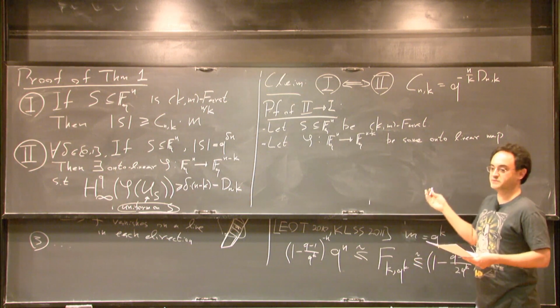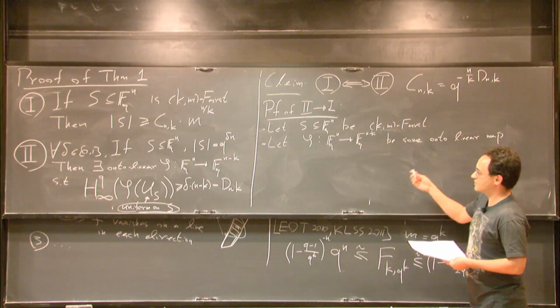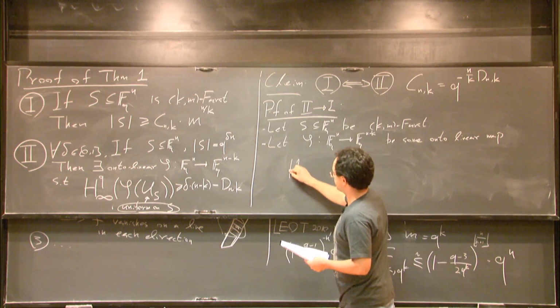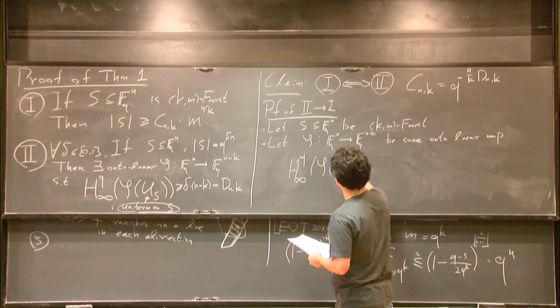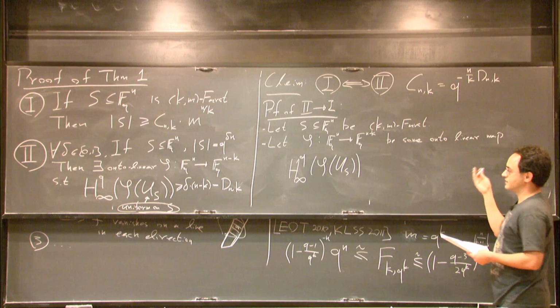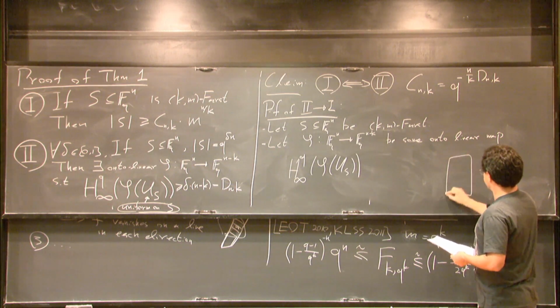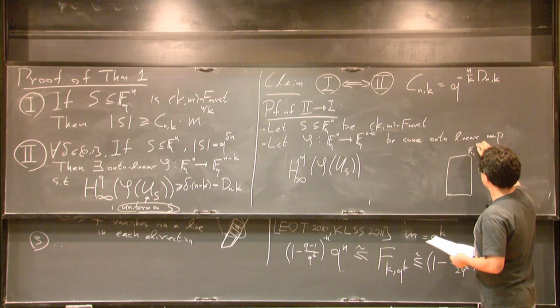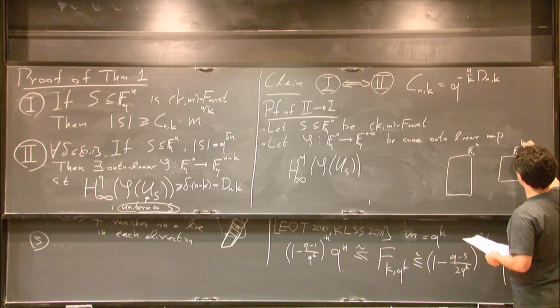So let phi be some map. What is the mean entropy of this thing? You take a uniform distribution on S, and you map it down. So let's draw a picture. This is F_q^n, and this is F_q^{n-k}.